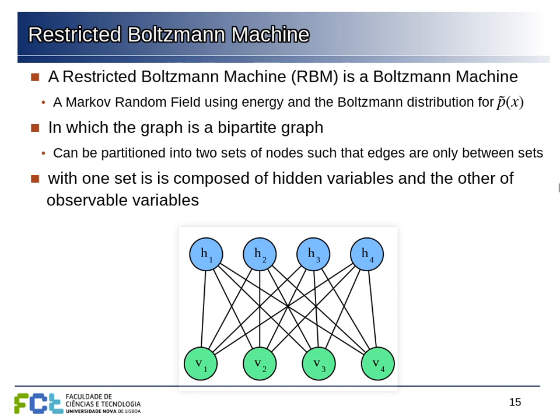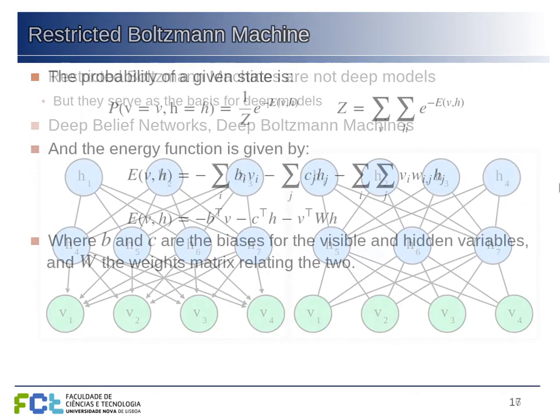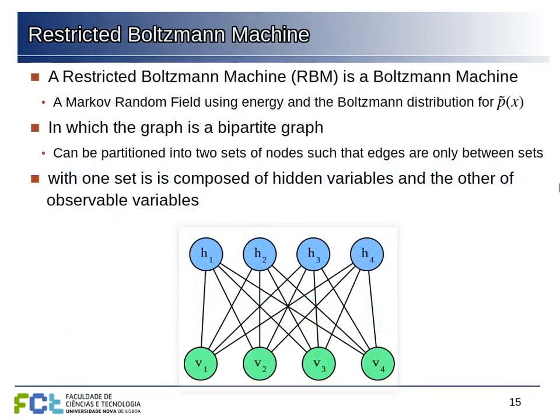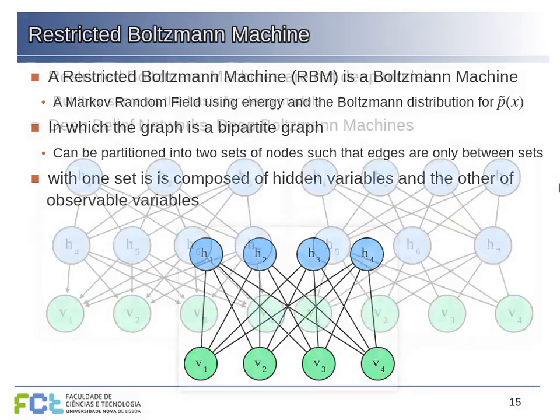There are no interactions between the observed variables and no interactions between the hidden variables. So this is expressed here, the propensities of each of these variables to be high or low, and here the interaction between them. We have a matrix with weights for all of these combinations that you can imagine to be the same as the kind of matrix that we used in the first tutorials to model the layers of the neural network, where you have the different neurons and each neuron has a number of weights. So basically it's this type of matrix.